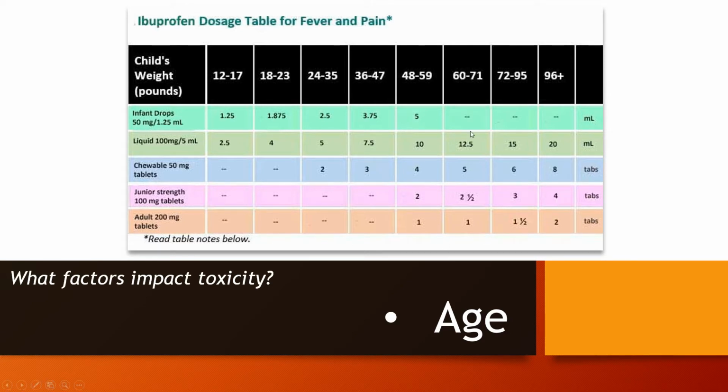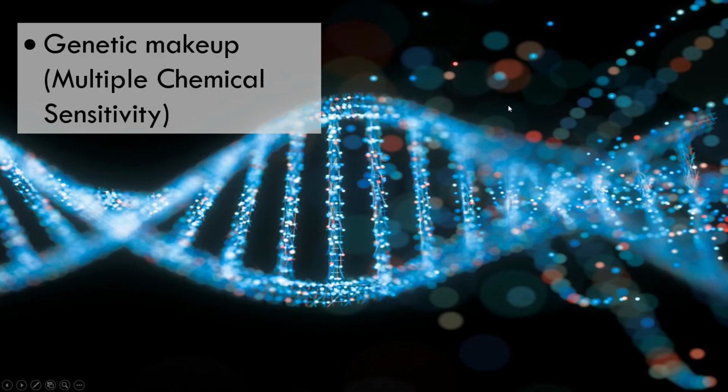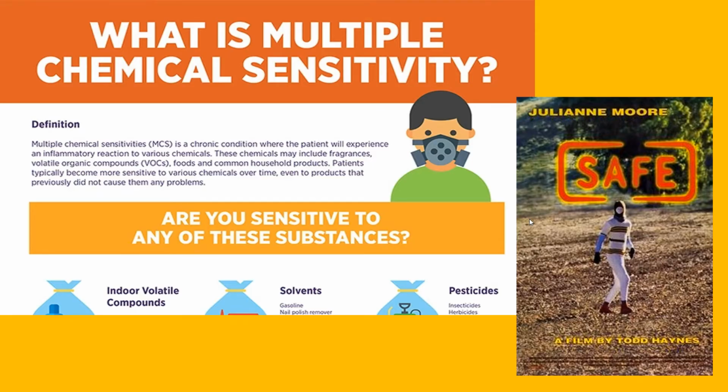The first one is age. Depending on what you are taking and how old you are, the dosage is going to be different. Next is genetic makeup. Your genes can determine how easily you can take a certain pill or toxin. What is multiple chemical sensitivity?